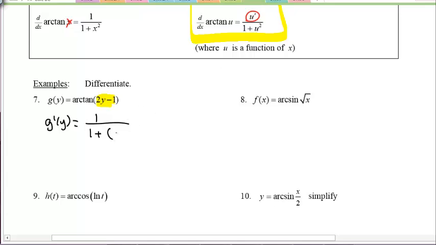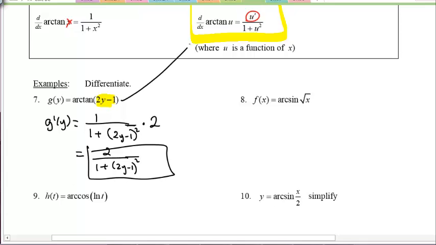The u in this case is the 2y minus 1 all squared. And really, I have an extra u prime. So what's the derivative of 2y minus 1? Yes, it's the factor of 2. So 2 over 1 plus 2y minus 1 all squared. You are done. And in this case, I used this formula here.